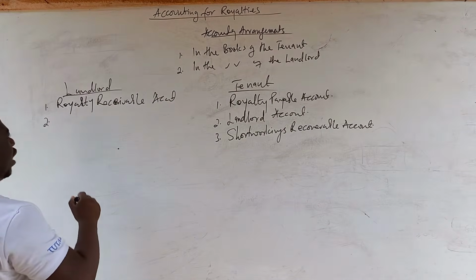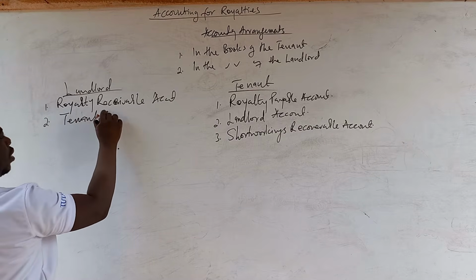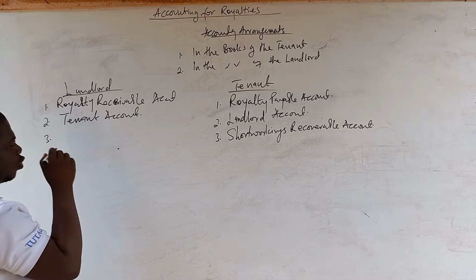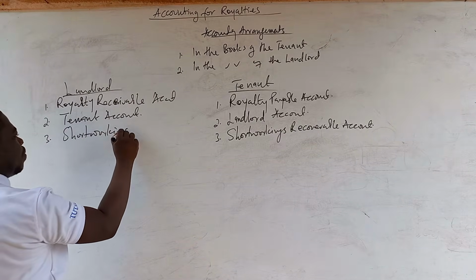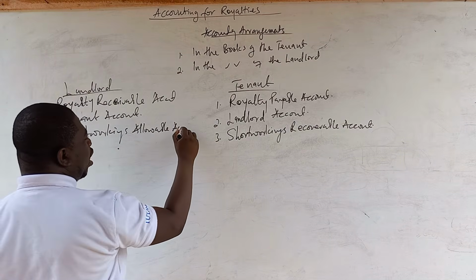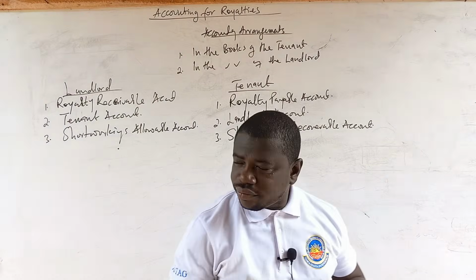And then in the books of the landlord, you prepare the tenant's account. In this case, the tenant is a debtor. And then also, the landlord will prepare short workings allowable account. So that is it.